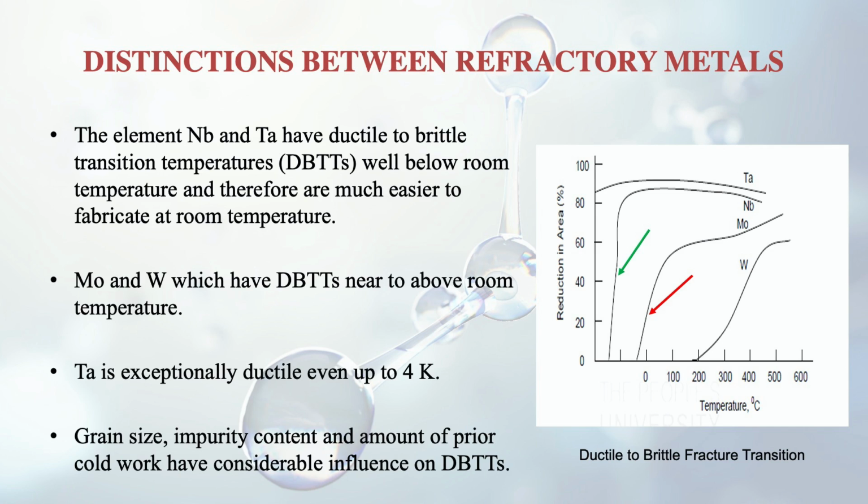So the temperature is on the x-axis. The curve with the blue arrow is showing niobium, and the curve with the red arrow is showing the molybdenum curve. So we can see that the ductile to brittle transition temperature for molybdenum is very near room temperature, whereas for Nb it is much better, it is much lower.